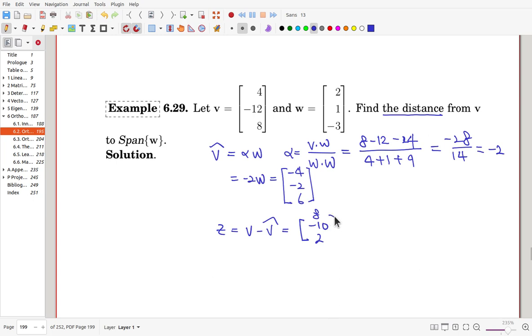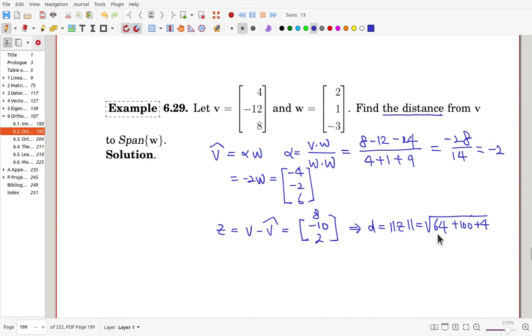Okay, so here the distance will be the norm of z, and that is the same as square root of 64 plus 100 plus 4.